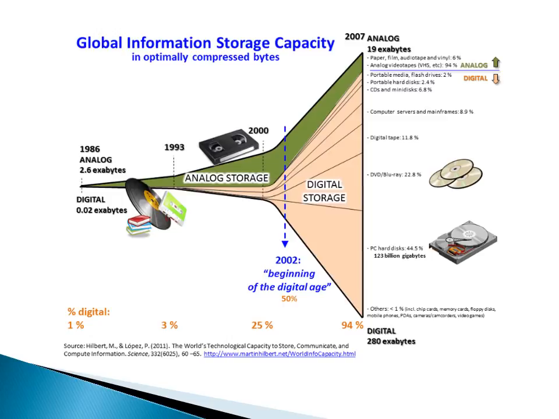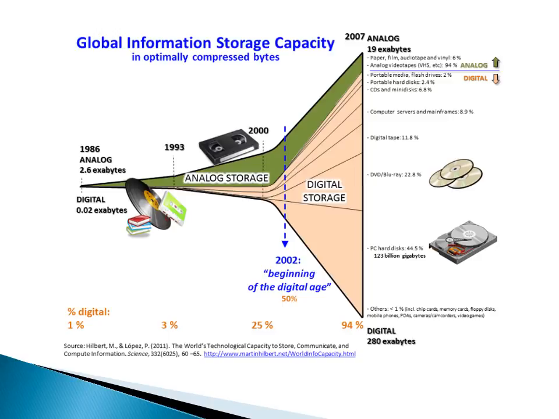Analog are cassette tapes, records, books, non-digital representations. And there were some digital pieces of information, but a very small amount. As a matter of fact, only 1% of the overall information capacity in the Earth was digital.